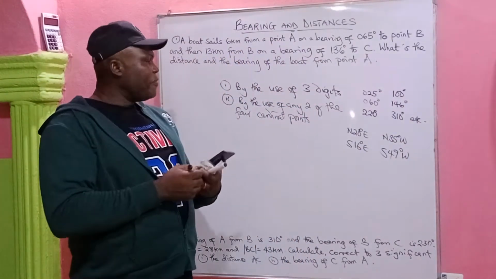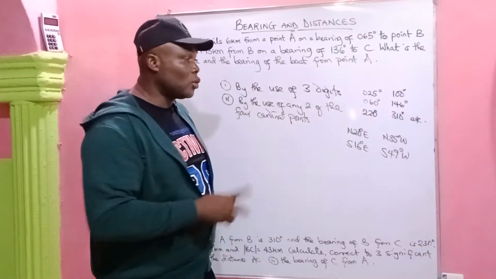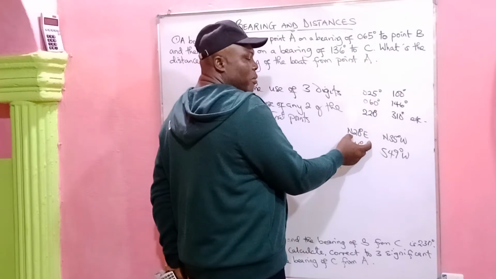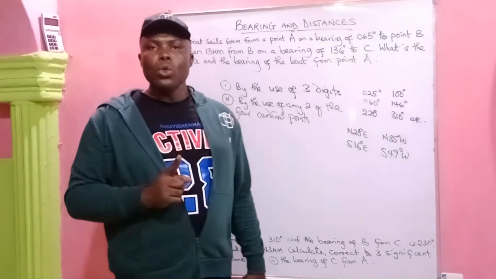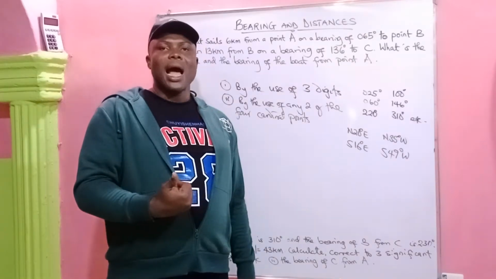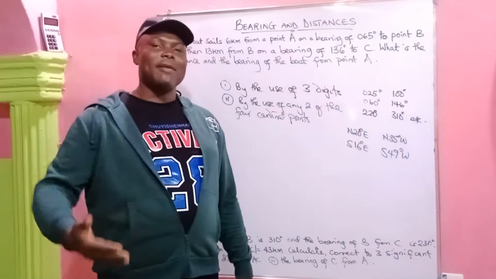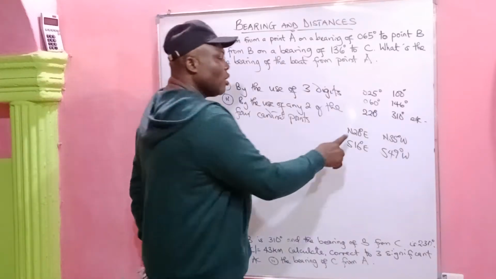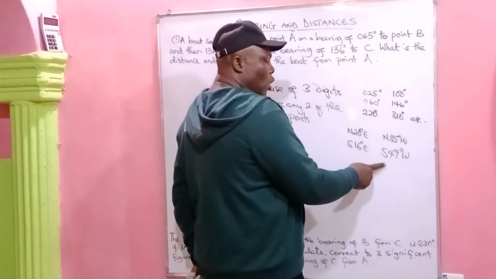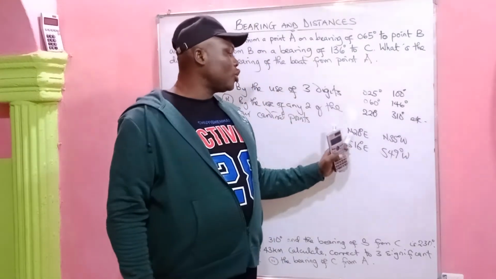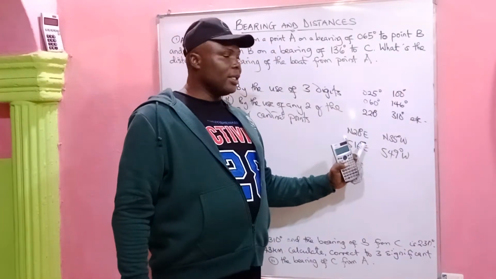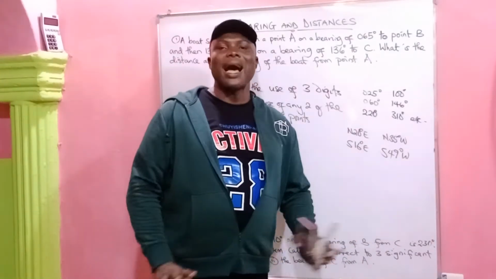You see that the angle given is usually in the center, and we make use of the two cardinal points, the major one being north or south, and then at the end you have east or west. So we'll always start from either north or south, as the case may be.